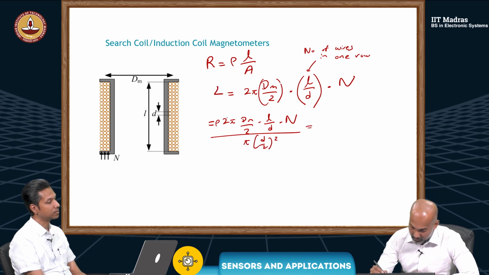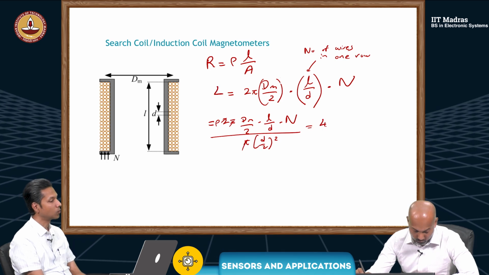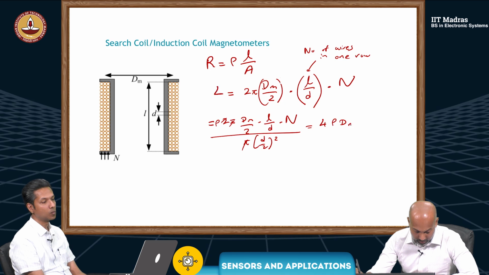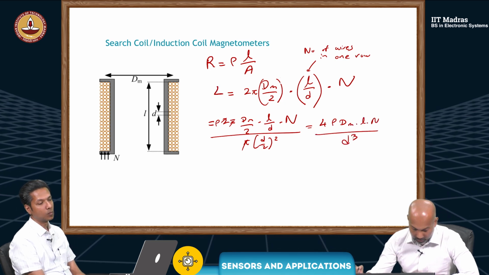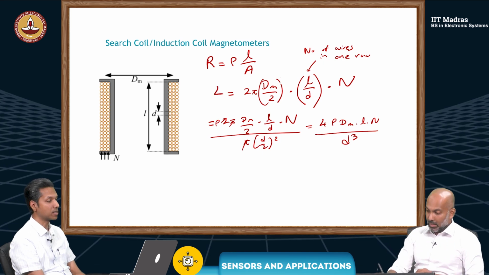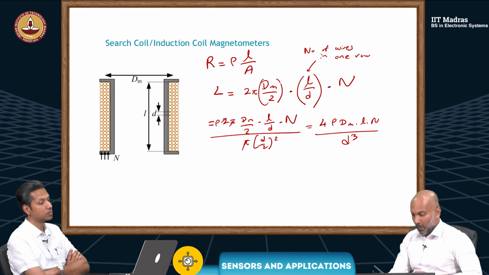So then this cancels, this cancels. You get 4 rho dm L N over D cube. This is the resistance of the coil.